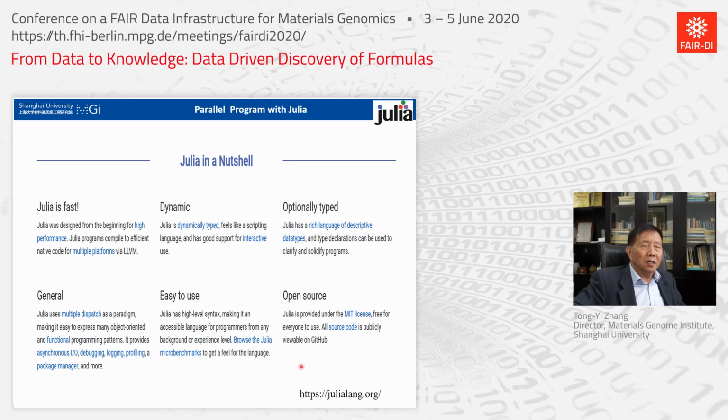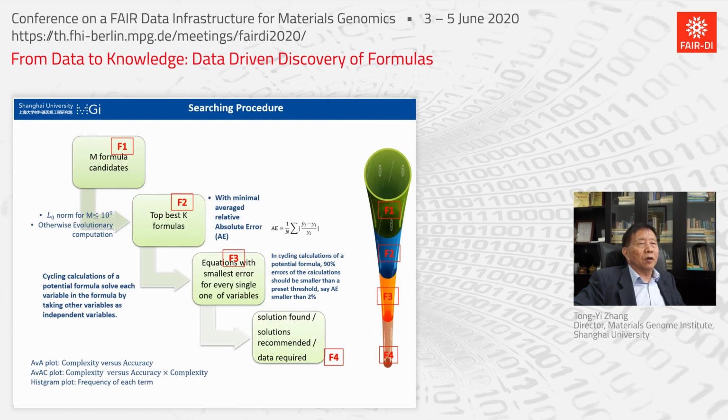There is a website, and if you are interested, you may download this language from it. Our search procedure is: if the number of potential formula candidates is less than 10 to the 9, we just do an exhaustive search. Otherwise, we will use evolutionary computation. Maybe we use the L1, or maybe the evolutionary computation algorithms we just mentioned.